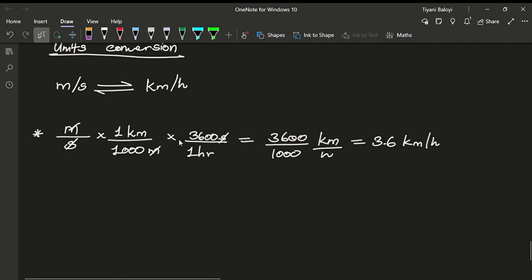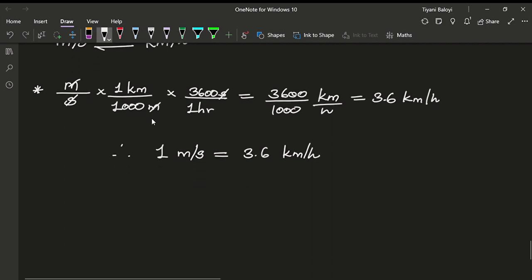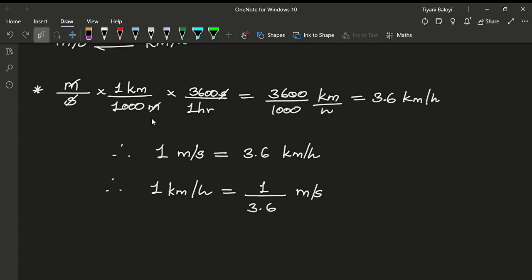So therefore 1 meter per second is equal to 3.6 kilometers per hour. This means that 1 kilometer per hour is equal to 1 over 3.6 meters per second. So you multiply by 3.6 if you are given meters per second, and divide by 3.6 if you are given kilometers per hour.